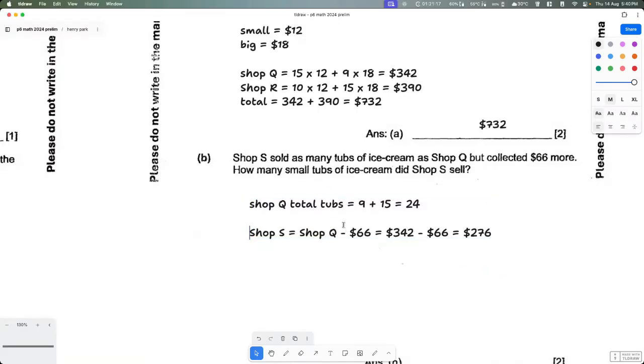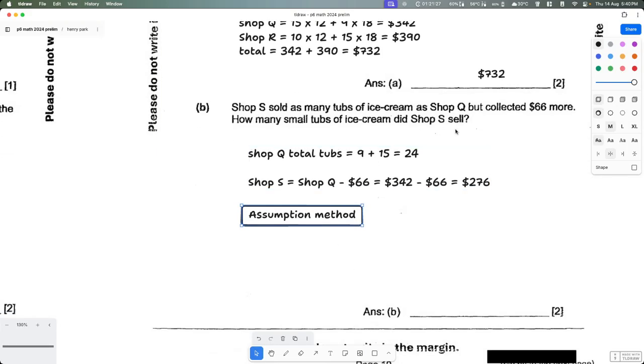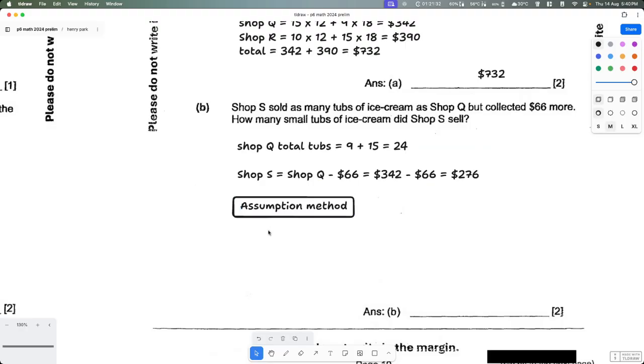Okay, so once we get the total, we can do an assumption method. Same thing that we've done before. So we want to get small tubs. Step one, assume all tubs are big.